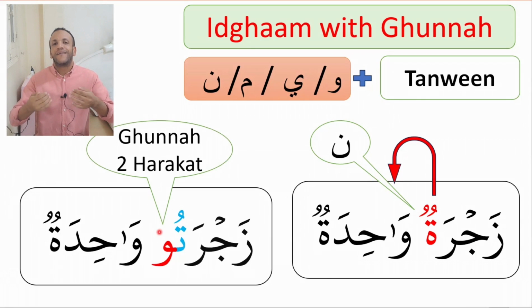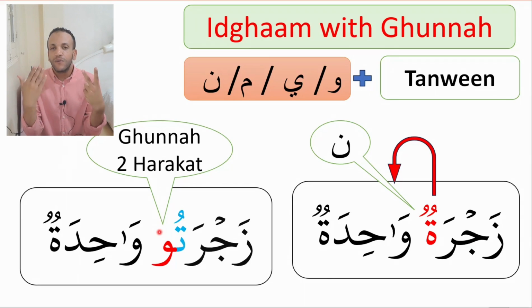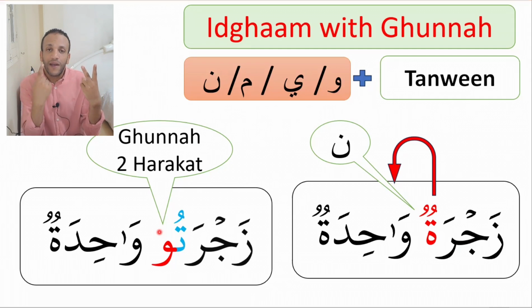If you are reading quickly, you will prolong a little bit, not more. The rule says that you need to prolong for a duration of 2 harakat. And you know that 2 harakat means the necessary time to pronounce one letter with one vowel twice, or the necessary time to close the finger and reopen it.